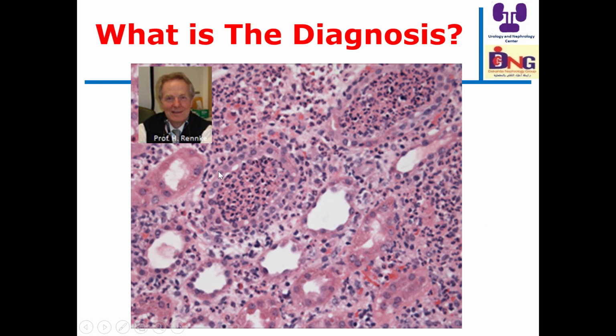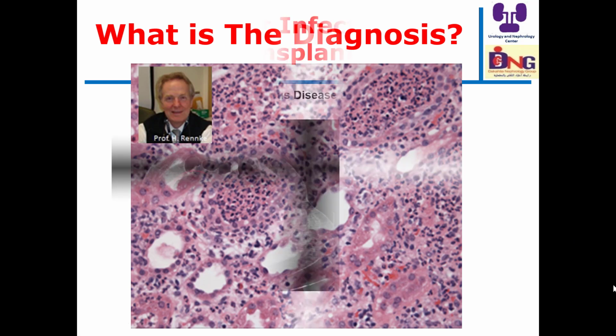So this is a renal tubule, and this is an infected cast. So this is acute pyelonephritis of the graft. You can ask me: if it's acute pyelonephritis, the patient should have fever and tender graft. It's not necessarily. Sometimes the clue is just the histological presence of an infected cast. So with the presence of infected casts in renal tubules, the diagnosis is acute pyelonephritis of the graft.